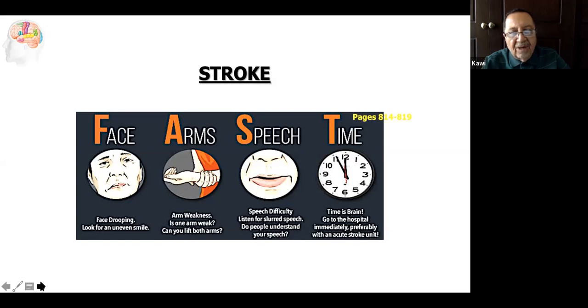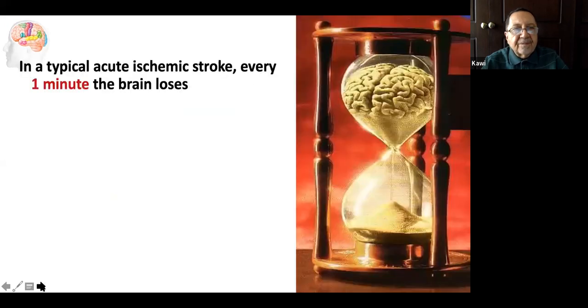That means if one holds both arms out, one of them is weaker. Then we check the speech. If the speech is garbled or he cannot understand the speech, then time is very essential. The person who notices a victim of a stroke should go to the phone and call for help.